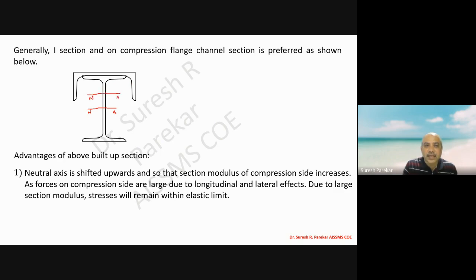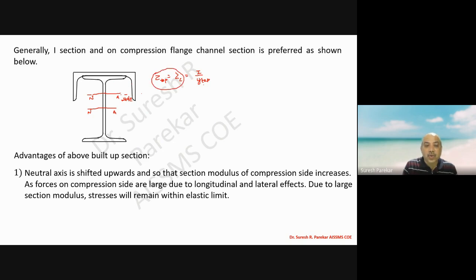So this neutral axis is for the whole section, and automatically my z top, which will be my z compression, will be I by y top. And now as my neutral axis is shifted upward, my y top is less, and I am going to get a value of z top or zc that is large.